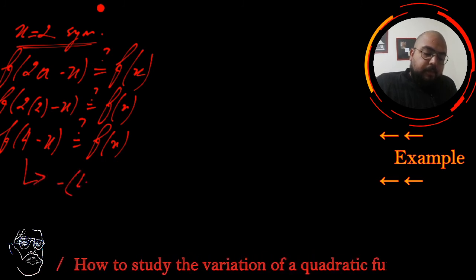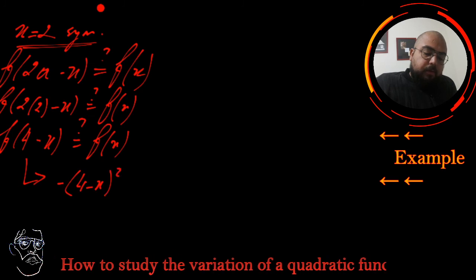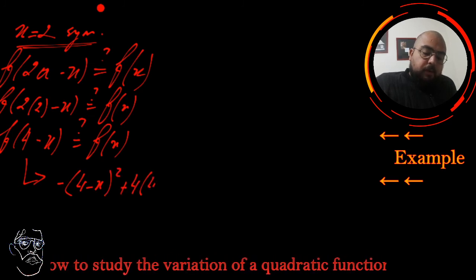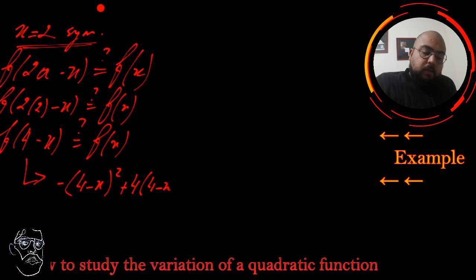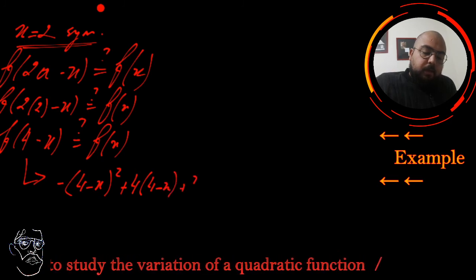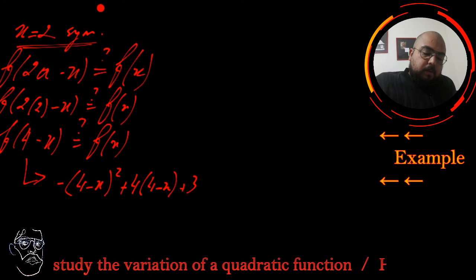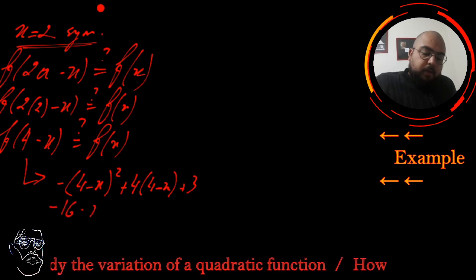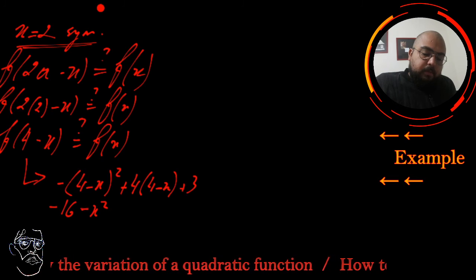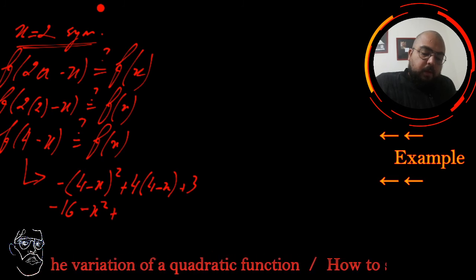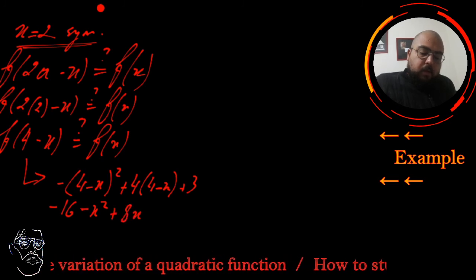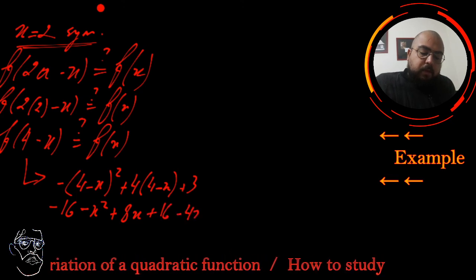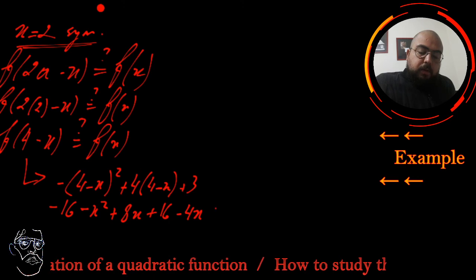So it will be minus (4 minus x) to the power of 2 plus 4 times (4 minus x) plus 3. It's minus 16 minus x squared plus 8x plus 16 minus 4x plus 3.